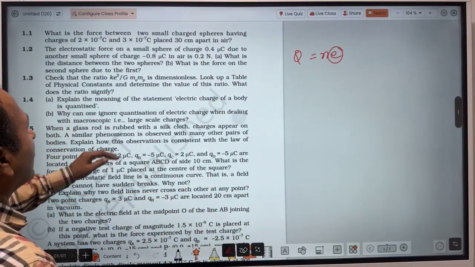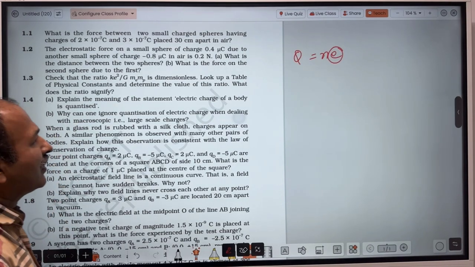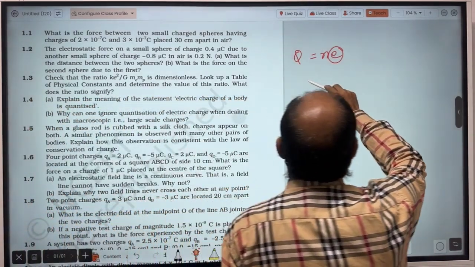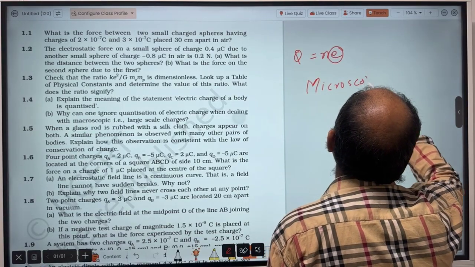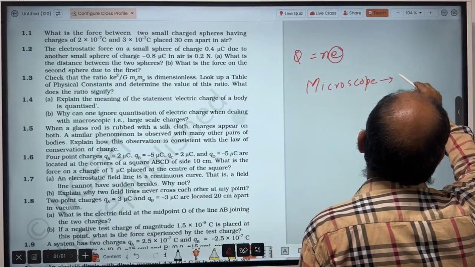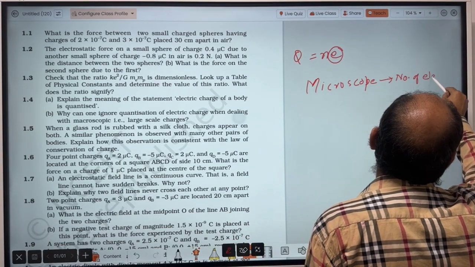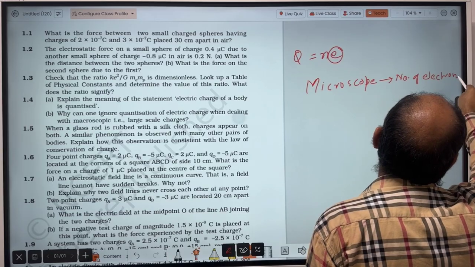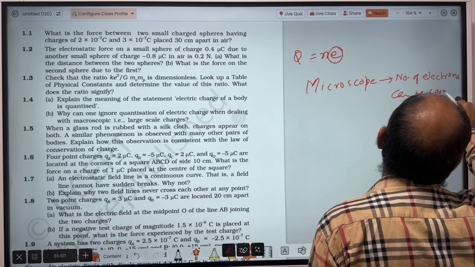Why can one ignore quantization of electric charge when dealing with macroscopic charges? Microscopic and macroscopic, you understand? Microscopic means on a small scale. Number of electrons can be counted.